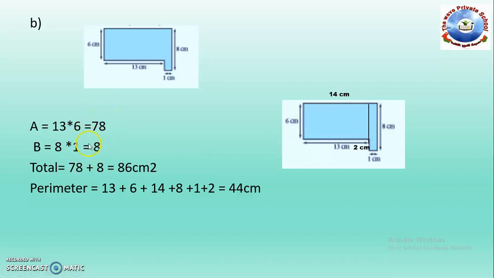After that you will add these two areas, 78 plus 8, it will become 86 centimeters square. This is the total area. In the fourth step, you will add all these values, 13 plus 6 plus 14 plus 8 plus 1 plus 2. It will be equal to 44 centimeter, and this was the perimeter of this question.